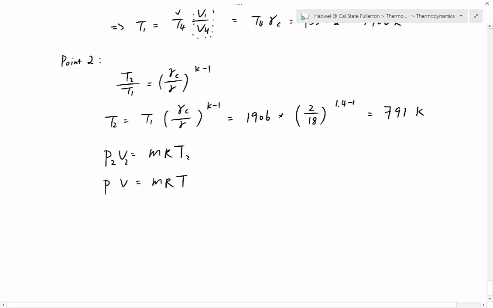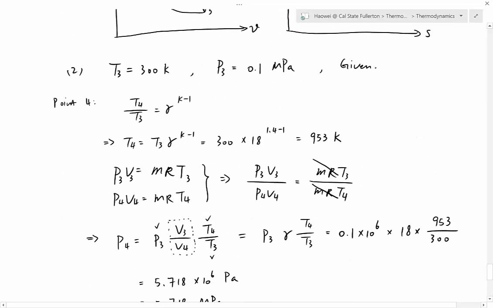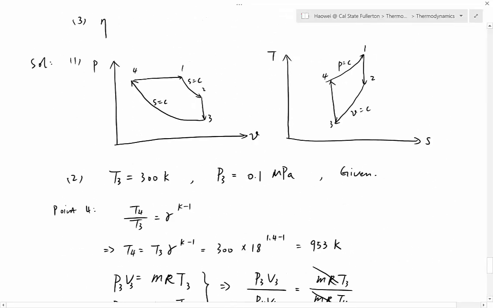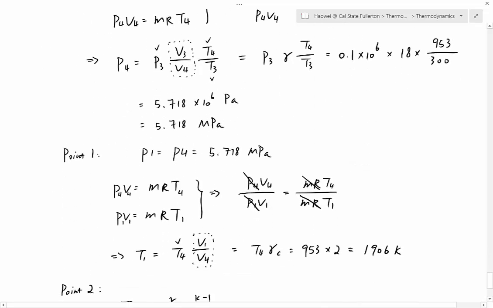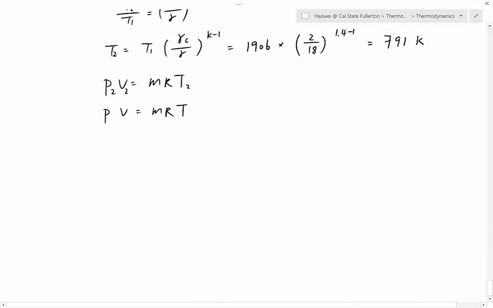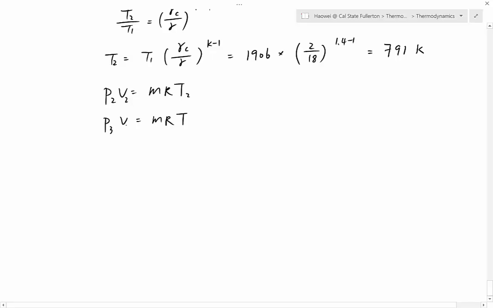Okay, to which point do you think that is actually easier for us? Let's take a look. 2 to 3 is a vertical line on P versus nu diagram. So V2 must be equal to V3. If we apply this equation to number 3, our calculation will be easy. Why? You can take a look.